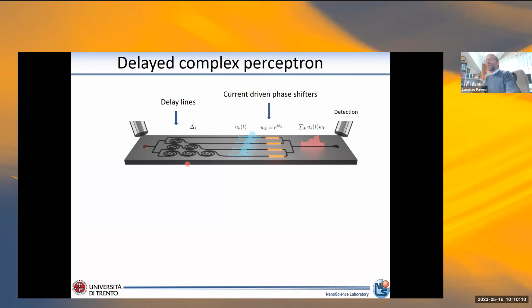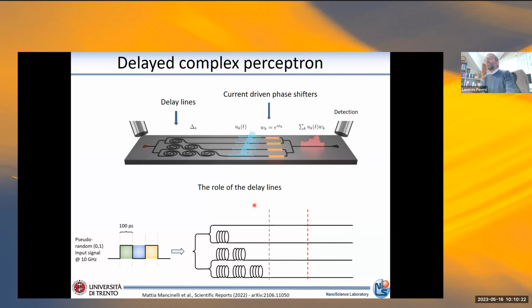On these channels we insert delay lines, so we get a delay representation of the input light. The reason we use these delay lines is that we want the state of the input at the present time to interact in the sum with the state of the input at past times.